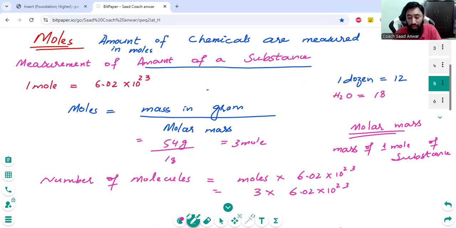When we multiply this with the Avogadro constant, you would get 1.806 times 10 raised to power 24 water molecules. So you can see in this glass of water, there are 1.806 times 10 raised to power 24 water molecules. Would you believe it? No, you are not believing? No problem, you can count. You would find this number of water molecules, I am sure.